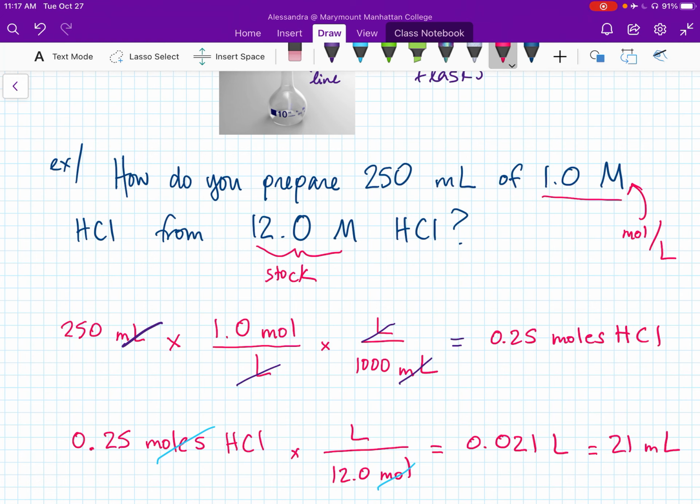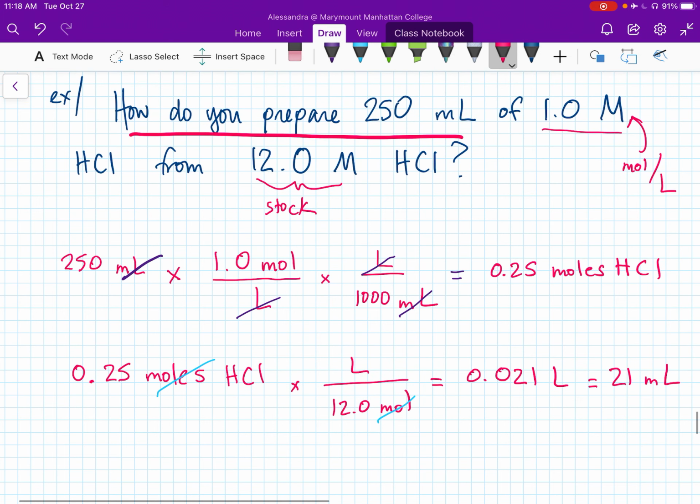So we're not done because the question asks, how do you prepare this dilute solution? What I've done so far is I've figured out the volume of the stock solution that you need. But you need to really think about this problem and what it's asking.